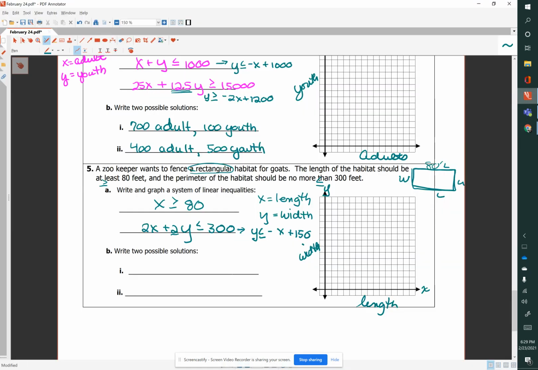So possible solutions could be 90 feet, and that would be the length, by 20 feet for the width. Could be 110-foot length by 30-foot width. Lots of solutions there. So I want to go back to the exit.